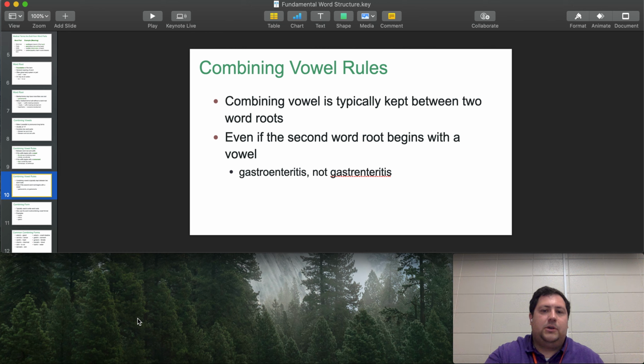So you see in this particular word that enter starts with an E, which is a vowel, but you still have the O. But in gastroenteritis, the suffix starts with a vowel, so you didn't have to go gastroenteroitis. That's just too much, okay?